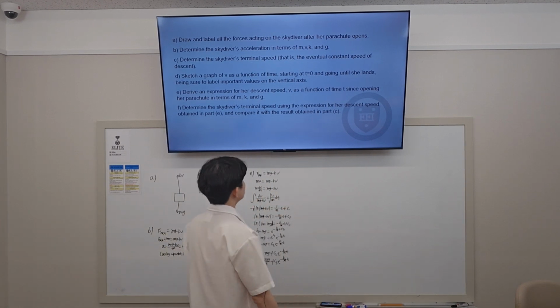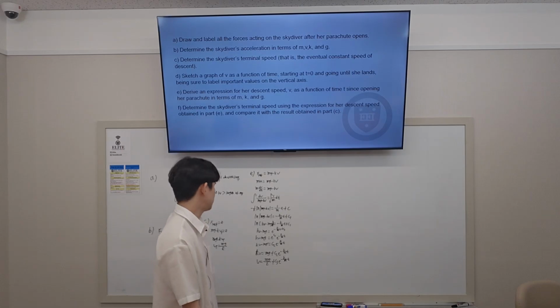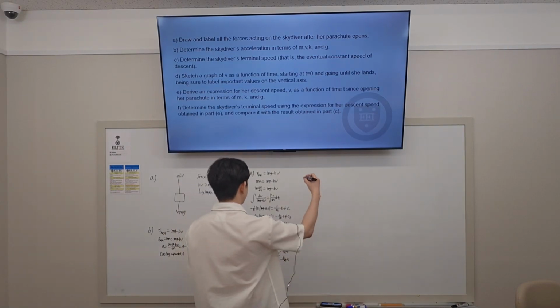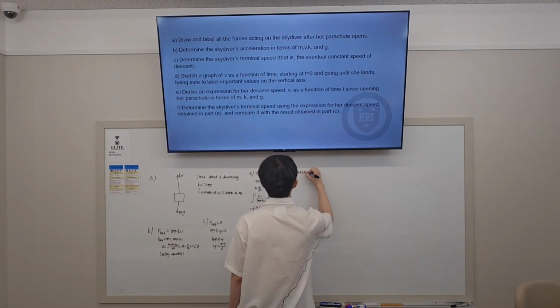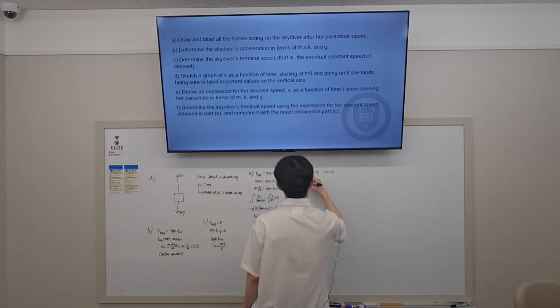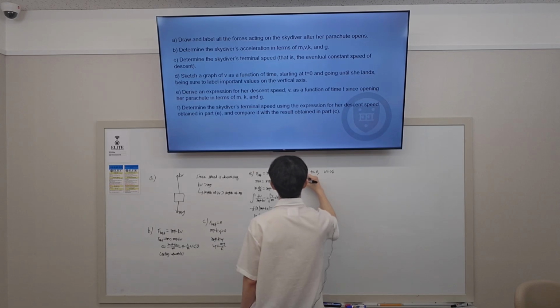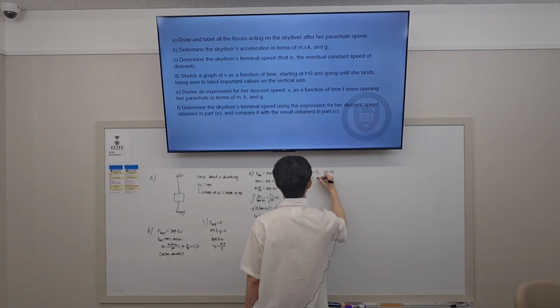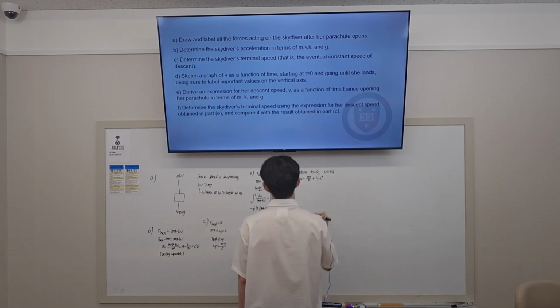Okay, so let's use the initial condition to get c3. When t is equal to 0, v is equal to v naught. Therefore, v naught is equal to mg over k plus c3 e to the power of 0.